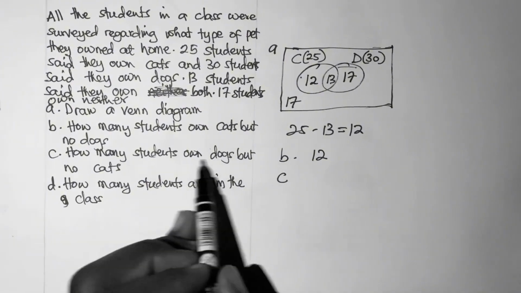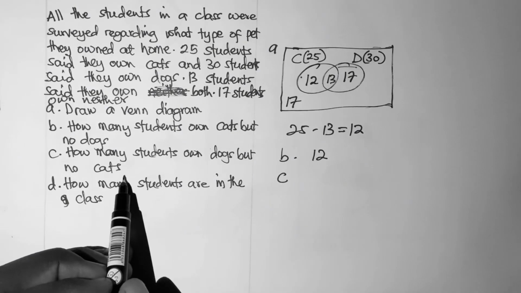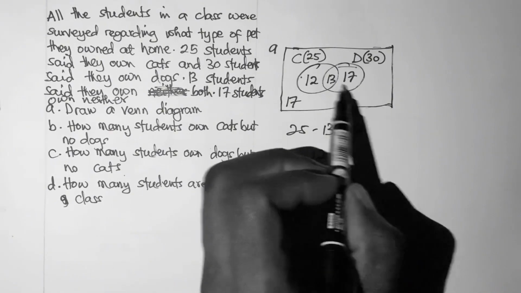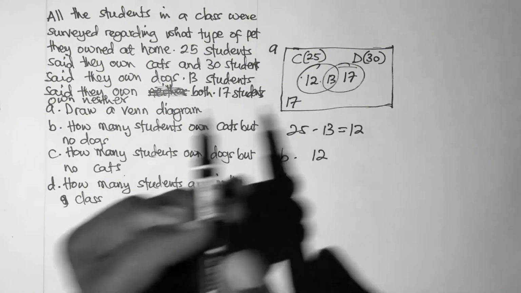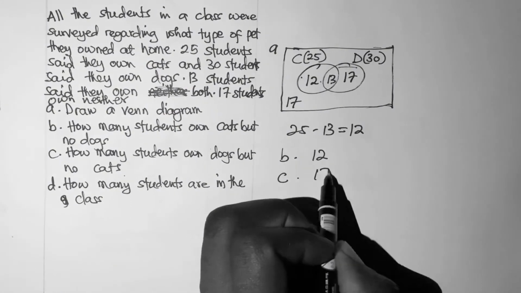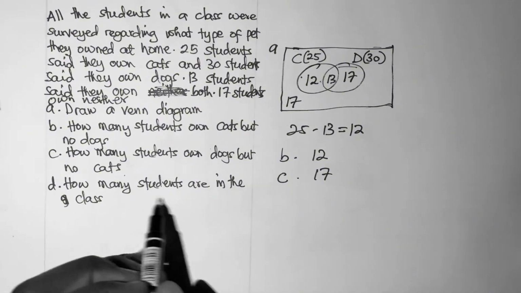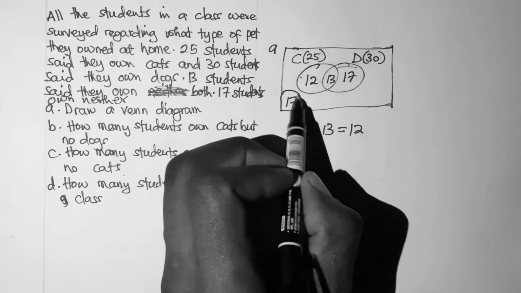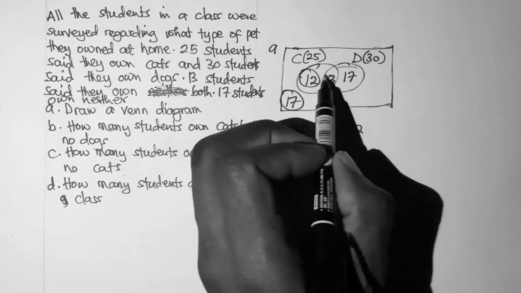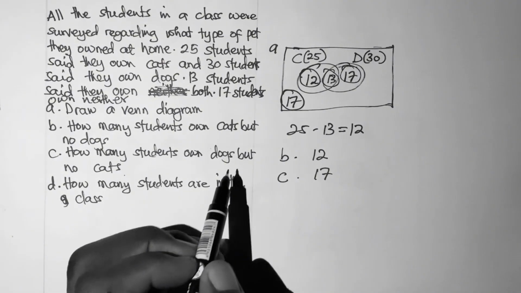And then C, how many students own dogs but no cats? So he's talking about dogs only, because the 13 people also own cats and dogs, and therefore C is equal to 17. And then D, how many students are in the class? So the number of students in the class is, you have to sum this, sum this, sum this, and then this one.